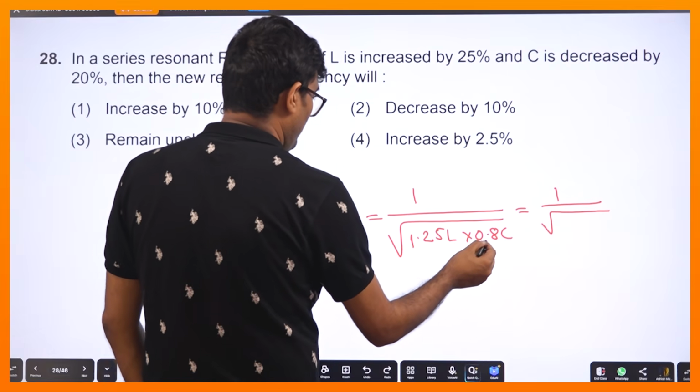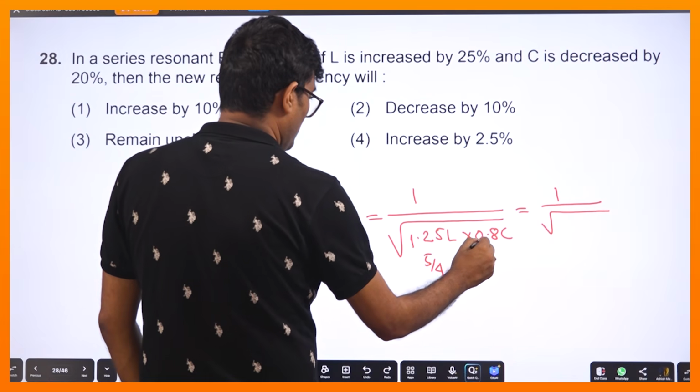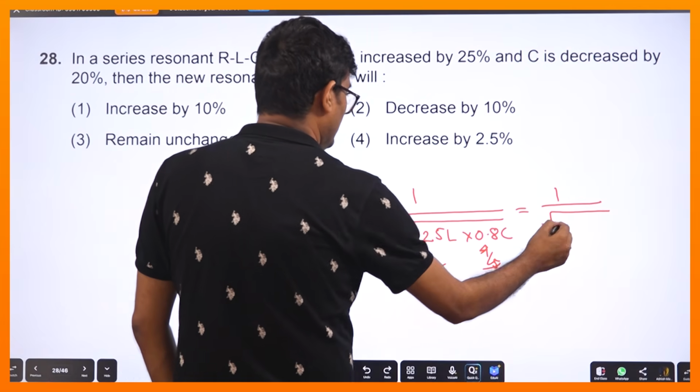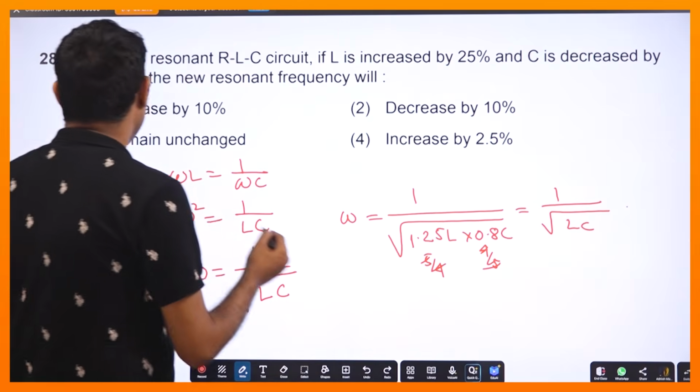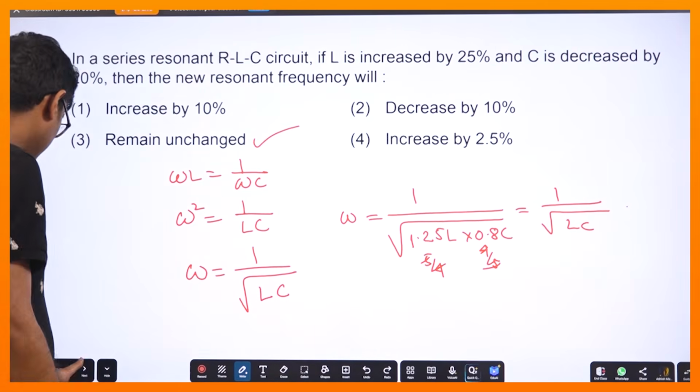Oh, this is the same. It's 5 by 4 and it's 4 by 5. Okay, so it's 1 by root LC, it remains unchanged. Option 3 is the correct choice. Got it?